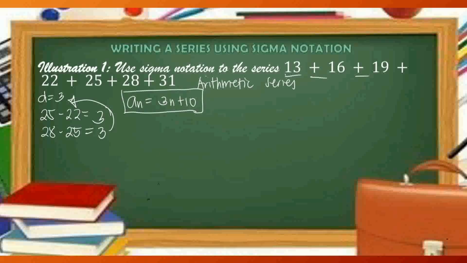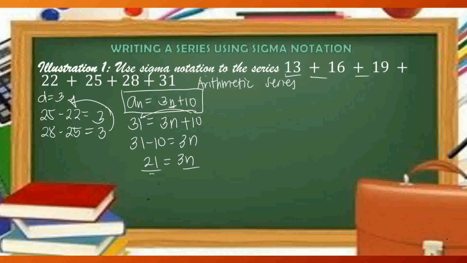The n here will tell us how many times we will add 3 to 10 to gain a certain number a sub n. For example, if we want 31, how many times will we add 3 to 10 to gain 31? So let's transpose this 10 to the left. 31 minus 10 is equal to 3n. 21 is equal to 3n.